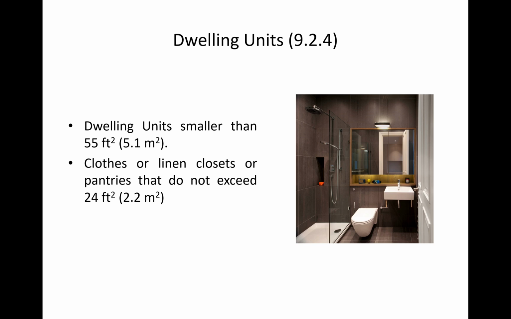However, if the bathroom is located near a public corridor or opening to a public corridor, in this case, a sprinkler shall be provided in the bathroom regardless of the area of the bathroom. The next case is for clothes closets or pantries that do not exceed 2.2 square meters and are of non-combustible construction. Sprinklers can be omitted also in this case.